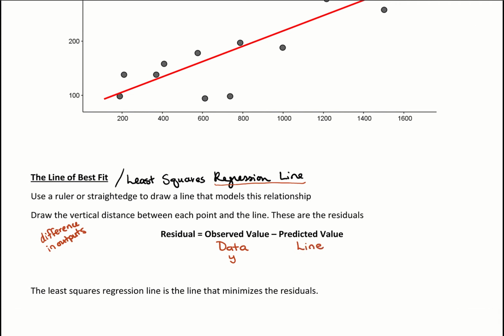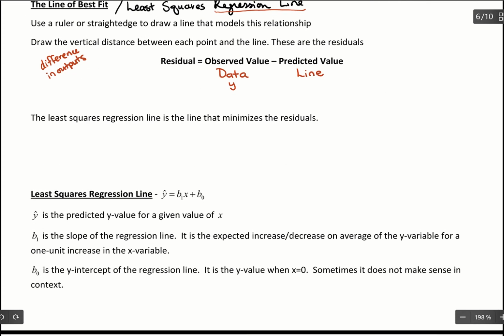Now the equation of the line will be given to you in this form right here. It's the same thing as our general equation of the line, y equals mx plus b. It's just that for slope, we use b1. B with a little subscript of 1 is slope. And then b sub 0, or b naught, is our y-intercept.